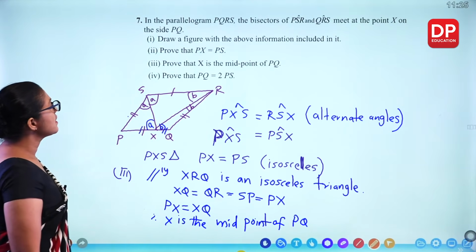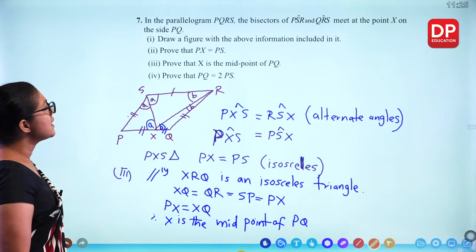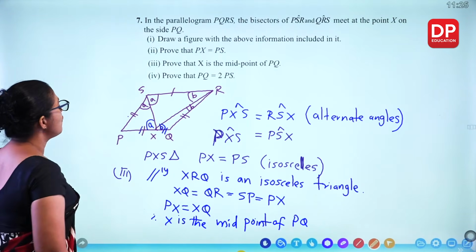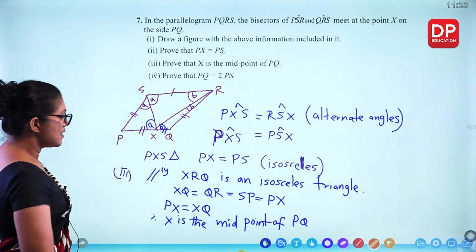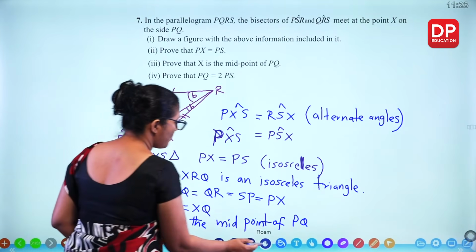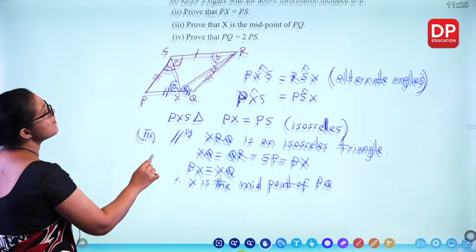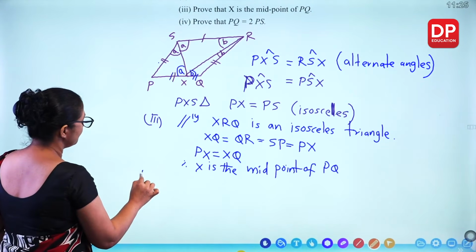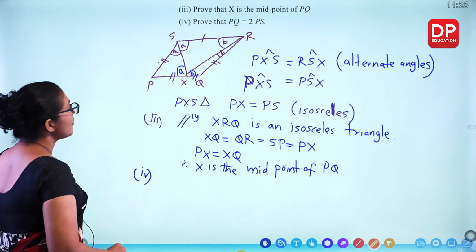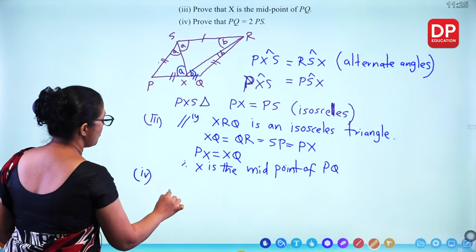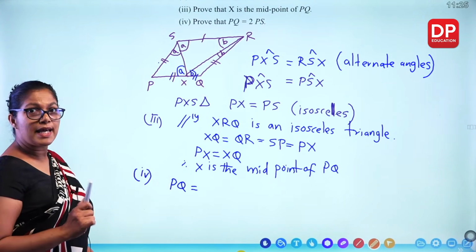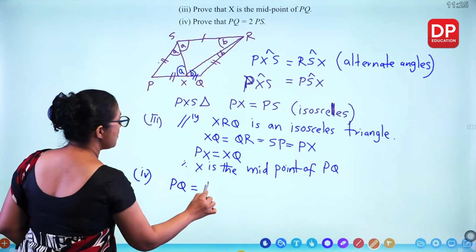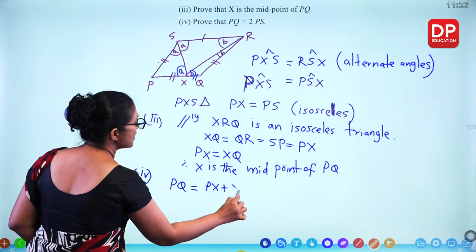Now fourth part, prove that PQ is equal to double of PS. So this is also from the previous part. We can straight away write down PQ. In PQ, X is the midpoint now. So we can write PX plus XQ.